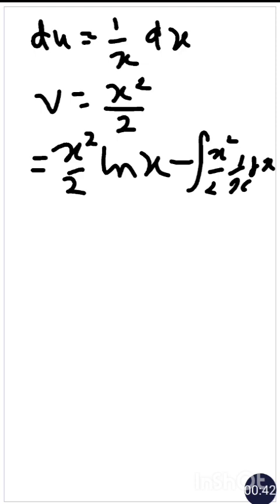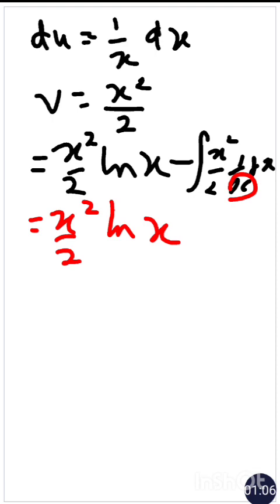Now having 1 over x here, this x will cancel with one of these x's. We are left with x over 2. So we have x squared over 2 ln x minus the integral of x over 2.